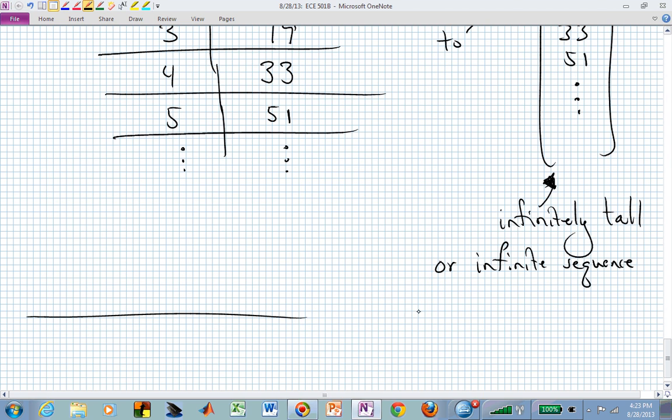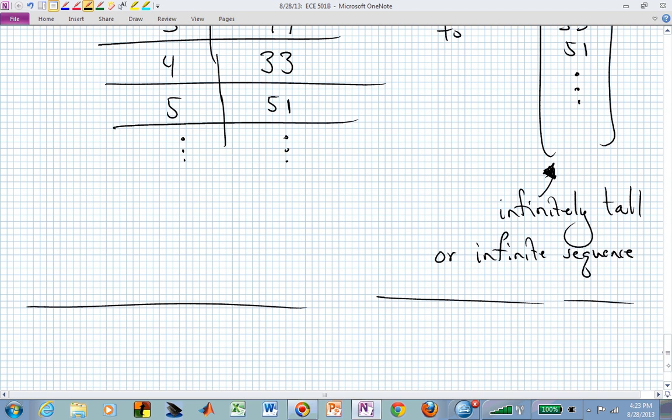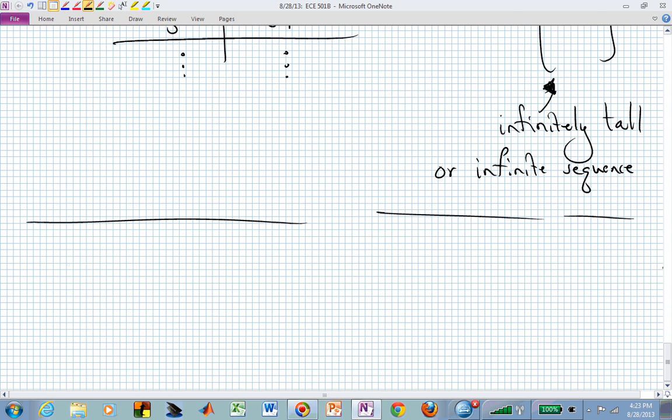For example, we could say, what about a vector space V that is F, such that we take the reals into reals. That's just a function that takes as its argument real numbers and maps those into real numbers.